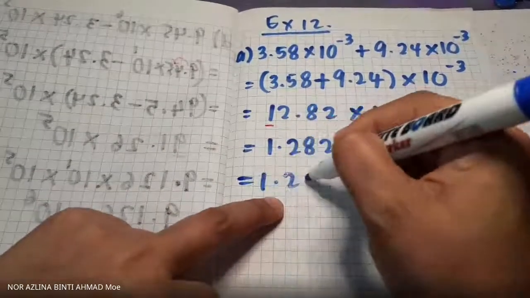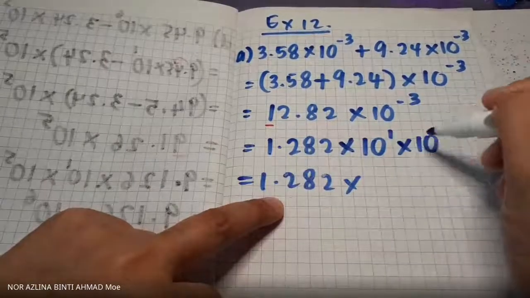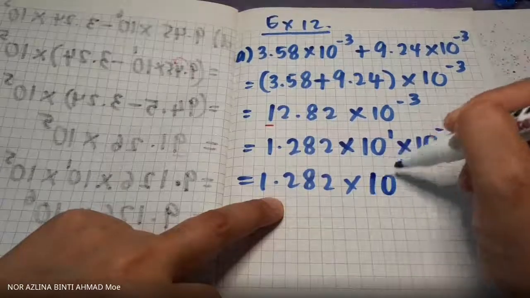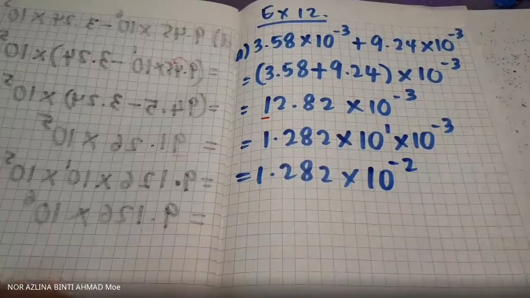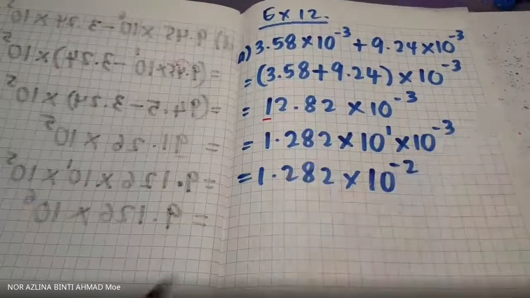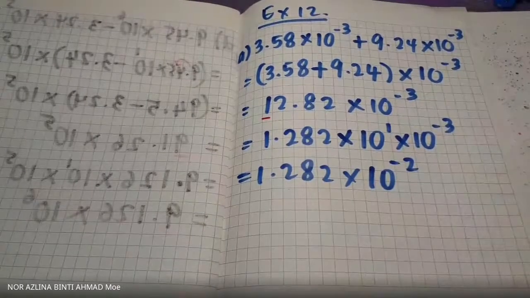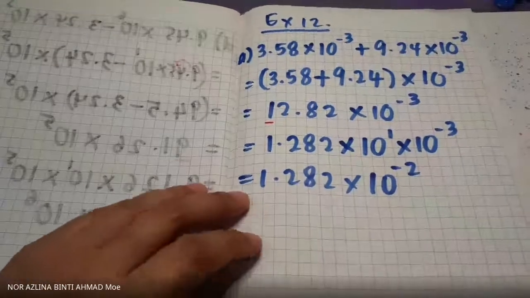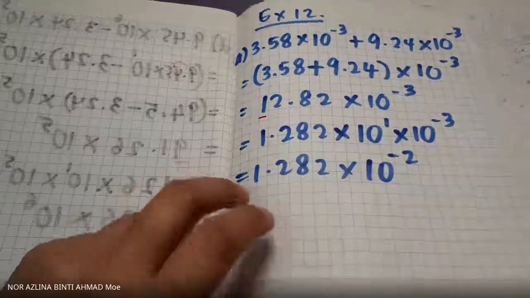So I combine the multiplication. So the index we will plus, 1 plus negative 3 become 10 to the power of negative 2. 1 plus negative 3 is negative 2. Okay, next. For B.